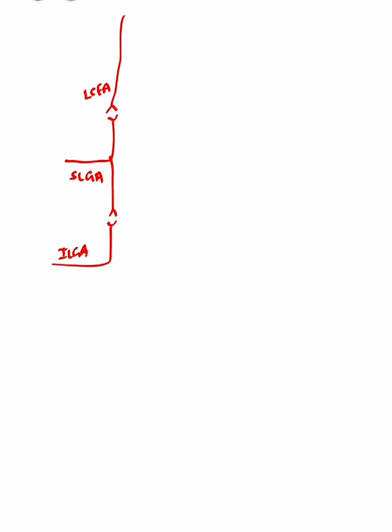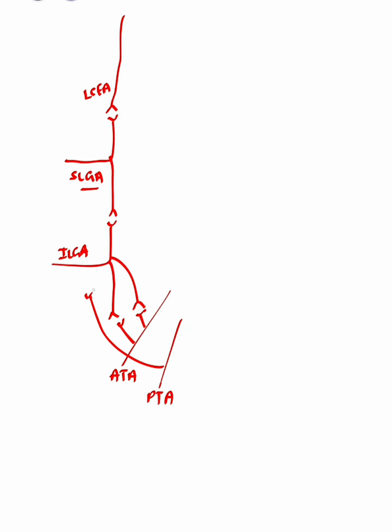Inferior lateral genicular artery anastomoses with superior lateral genicular artery on one side, and on the other side with anterior and posterior recurrent branches of anterior tibial artery, and it also anastomoses with circumflex fibular branch of posterior tibial artery.